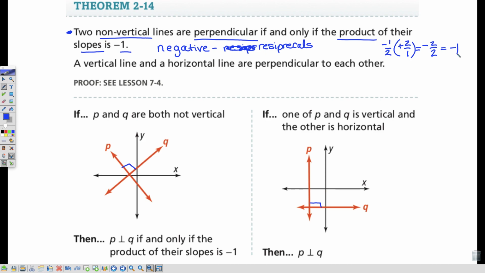Okay? Vertical lines. A vertical line and a horizontal line are perpendicular to each other, always. So the x-axis and the y-axis, those are perpendicular, yes? Because I have a horizontal and a vertical line.